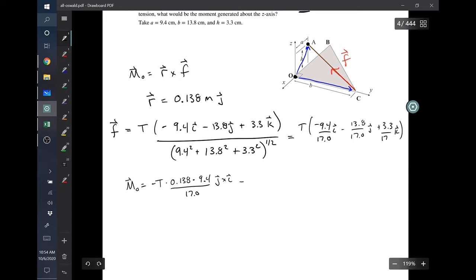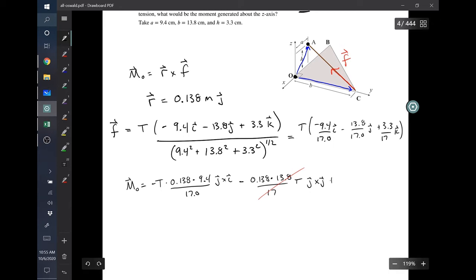And then the next term is going to be minus 0.138 multiplied by 13.8 divided by 17. And then we're going to have also a T, and then we're going to have j cross j, which is just going to be 0, because those are parallel to each other. I shouldn't have even had to write that.